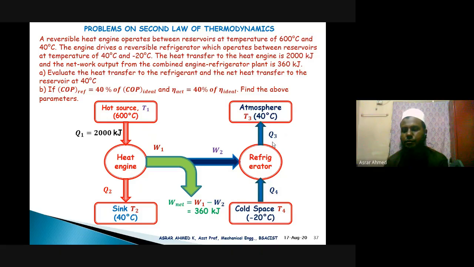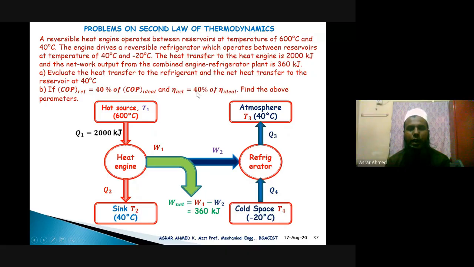Is it Q3 or Q4? Q4, sir. It is Q4 only. Exactly, it is Q4. Okay, so that is the heat which is being supplied from the cold space to the refrigerant. So the first question is we need to find this Q4.